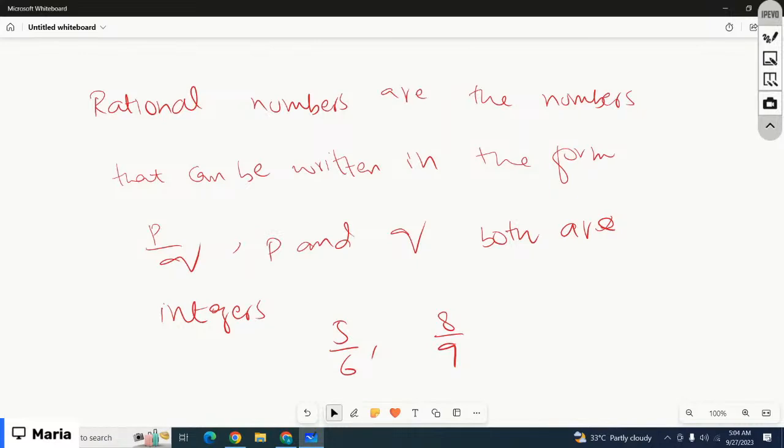And the numbers that are not rational are known as irrational numbers, right? All the numbers that can be written in the form A by B are the rational numbers, and the numbers that cannot be written in the form A over B are the irrational numbers. Or simply you can say the numbers that are not rational are irrational.